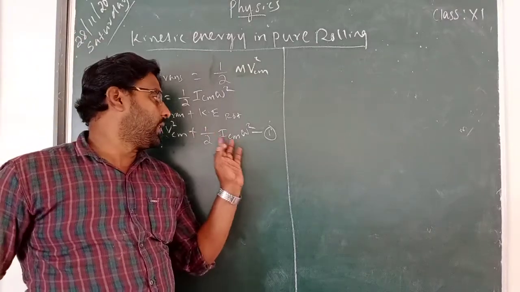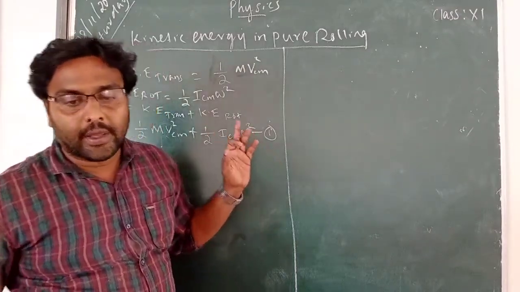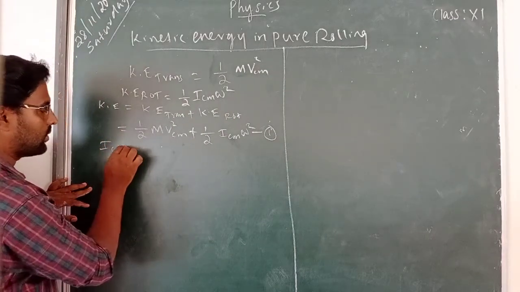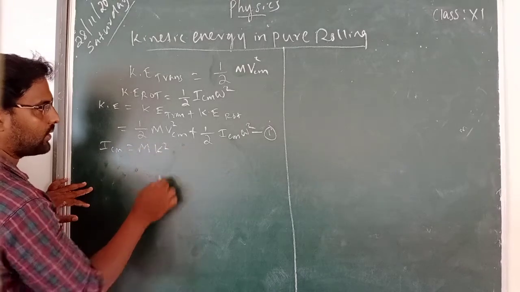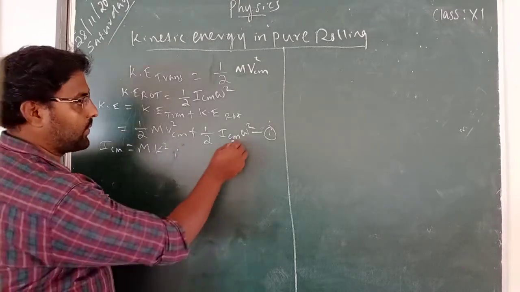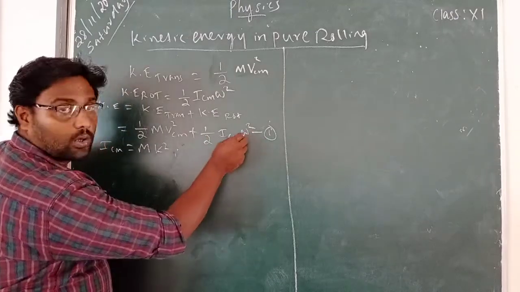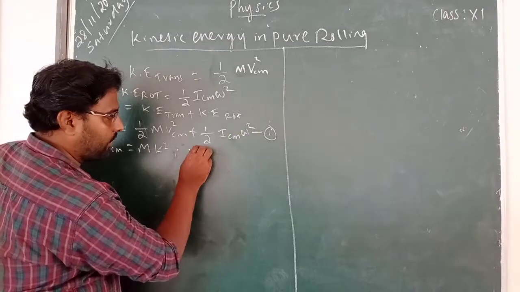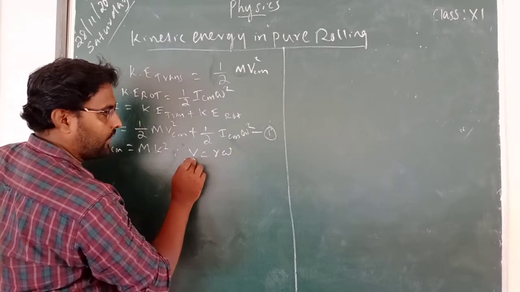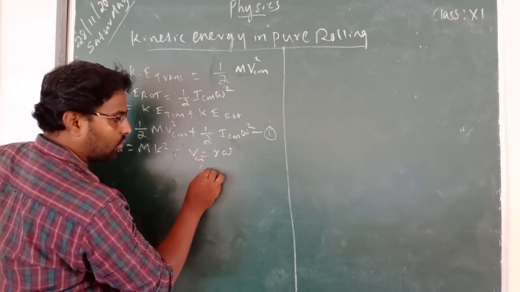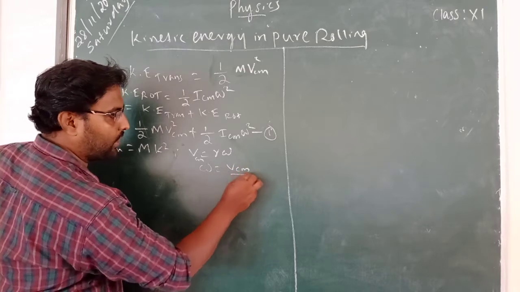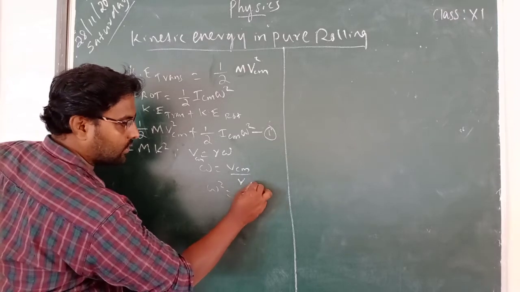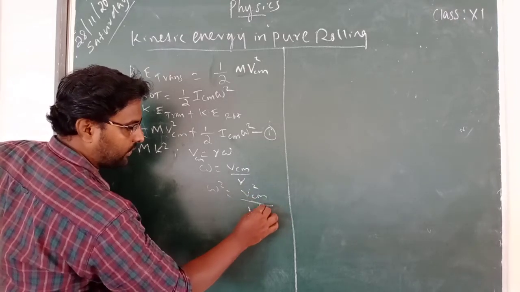Now we know the moment of inertia I is equal to m k square, where k is the radius of gyration. You have gone through that session. And the omega formula we can find from V is equal to R omega. So omega is equal to V cm by R, and omega square is equal to V square by R square.